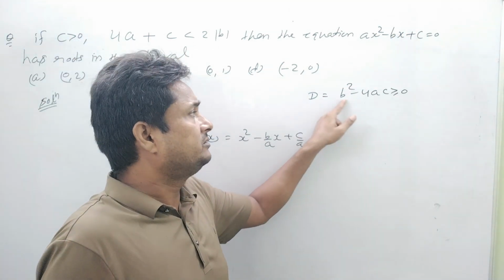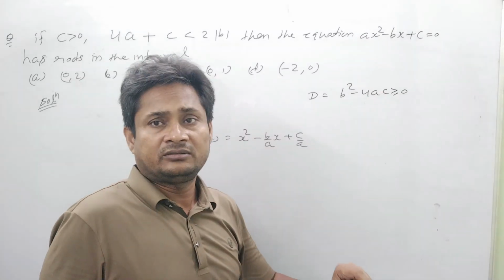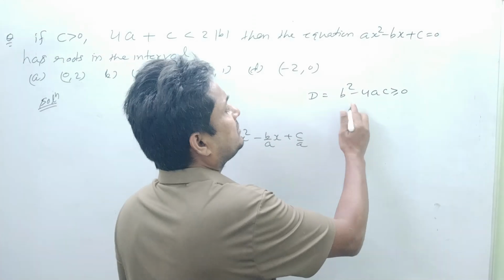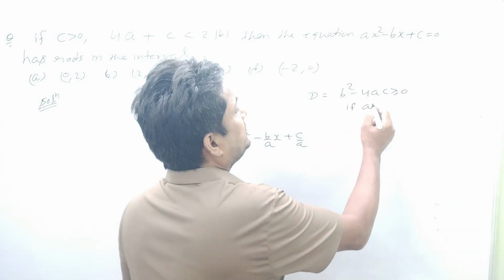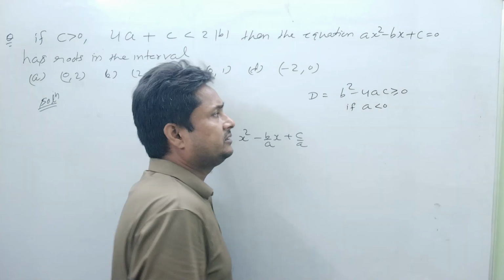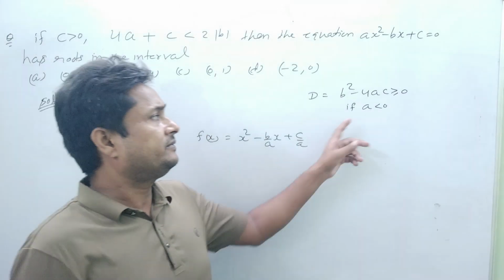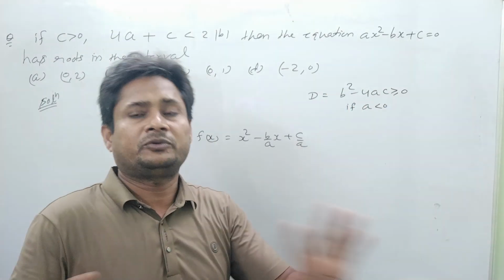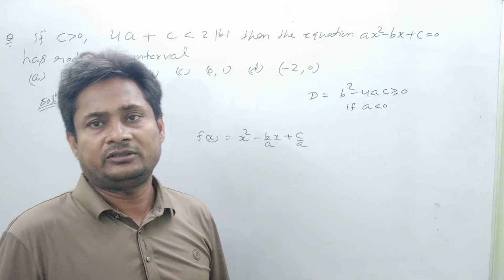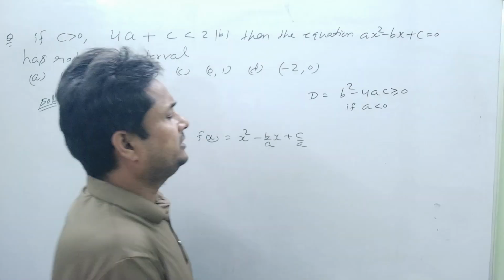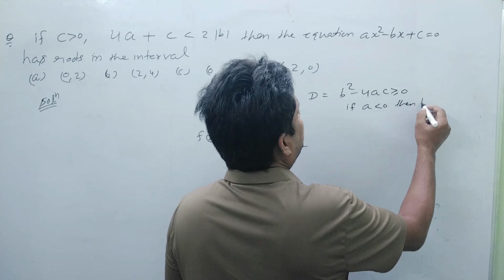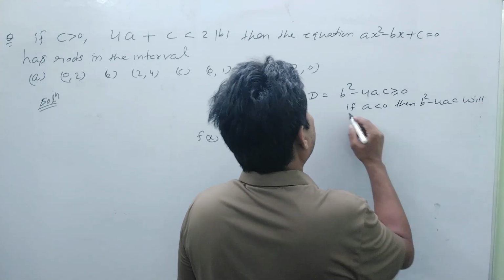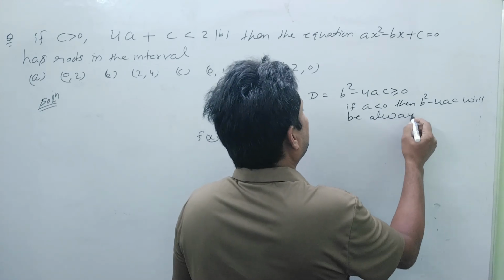So b square minus 4ac will always be greater than or equal to 0 if we take a less than 0. If a is less than 0 and c is positive, then this number will always be positive, whatever the values of a, b, c. If a is negative, then b square minus 4ac will always be positive.